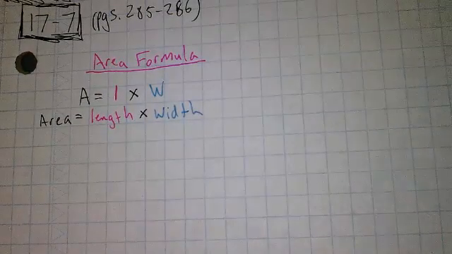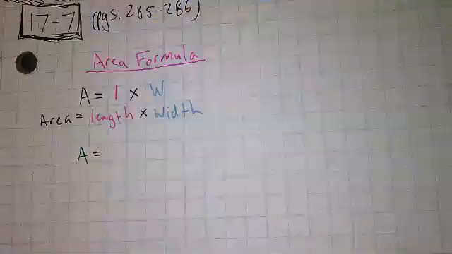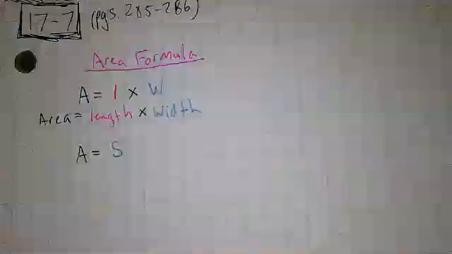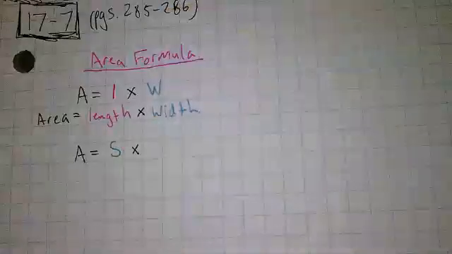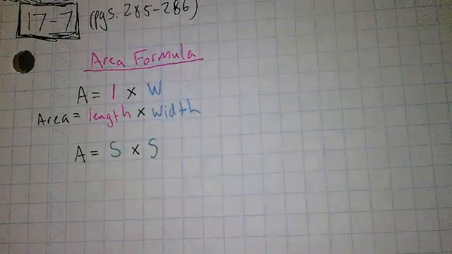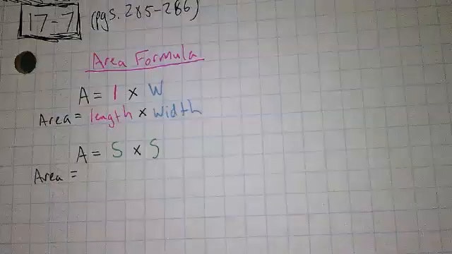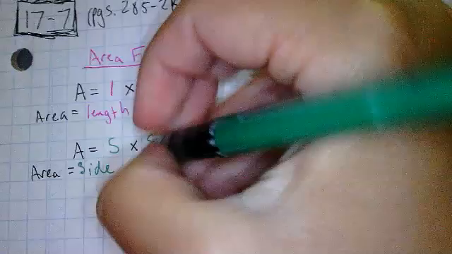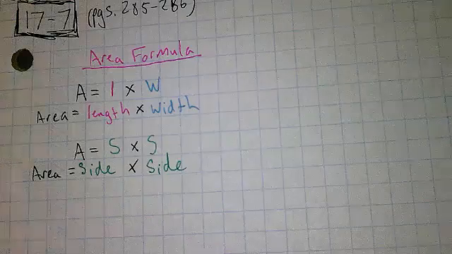Another way you might see it written, which is the exact same thing, is area equals side times side, because the length and the width are just the sides of our square or our rectangle, right? So area equals side times side. So these are the same thing.